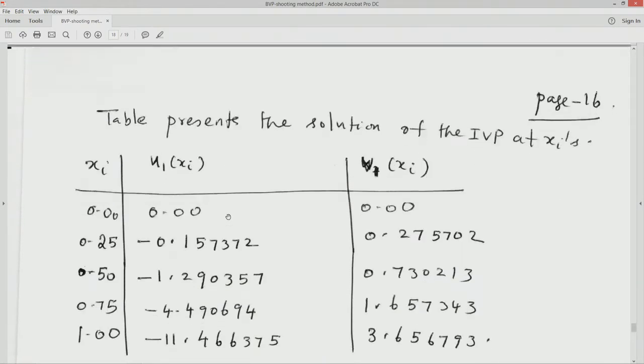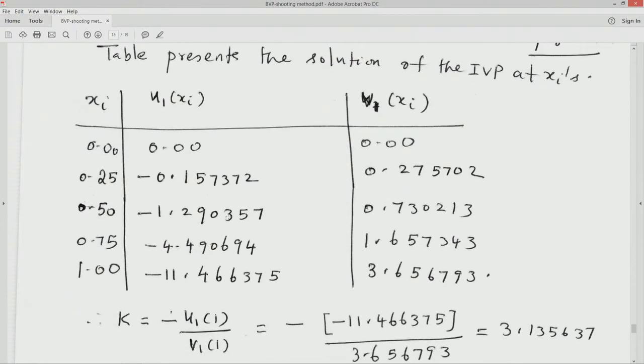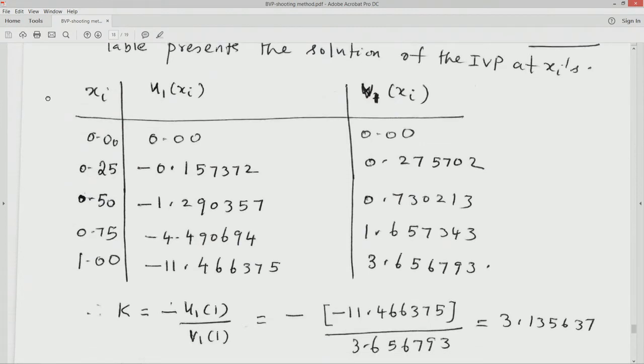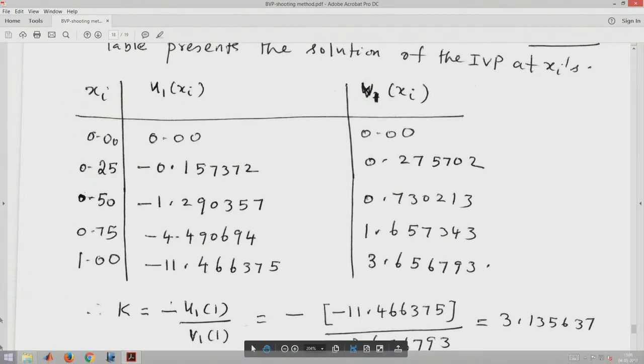The results are presented in the following table. The xi's are equally spaced and the step size is 1 by 4. So, the xi's are 0, 1 by 4, half, 3 by 4 and 1.